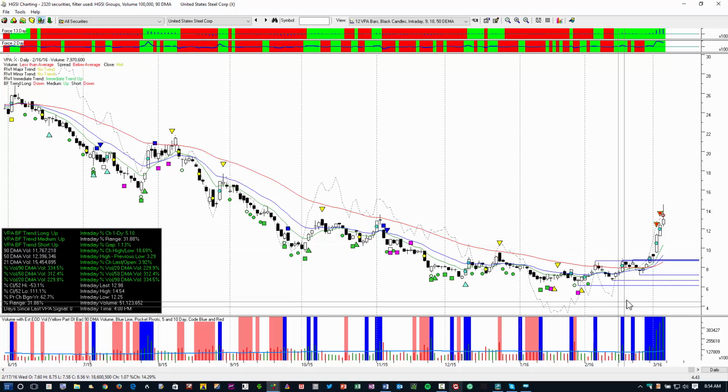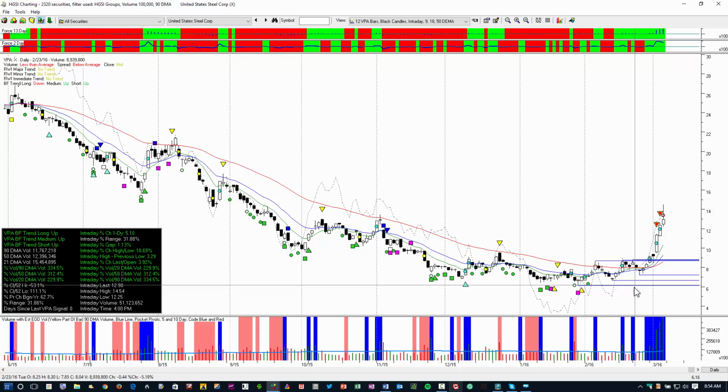You start getting a feel for what these bars do when used in conjunction with these flags. These flags are simply an alert, is what I'm calling them, to what has happened with either a single candle or in conjunction with a prior day's candle. And you'll get that information up here.